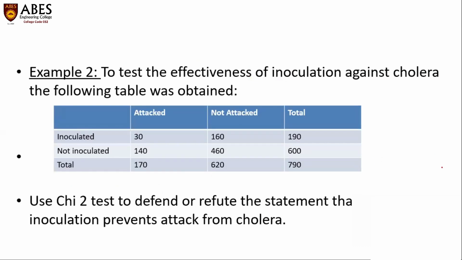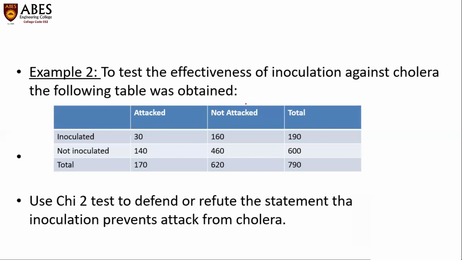Let us take another example to test the effectiveness of inoculation against cholera, for which the following data was collected. We have to use chi-square test to defend or refute the statement that the inoculation prevents attack from cholera. So again, we declare H naught, in which both the attributes are taken as independent of each other.